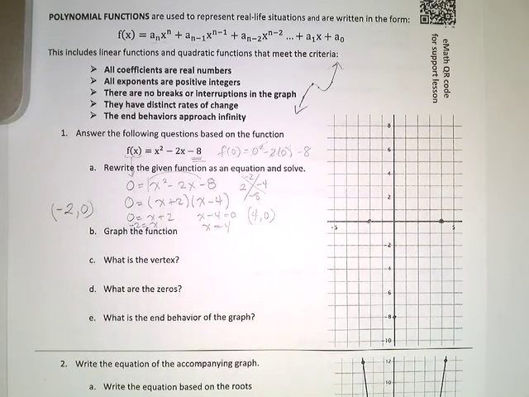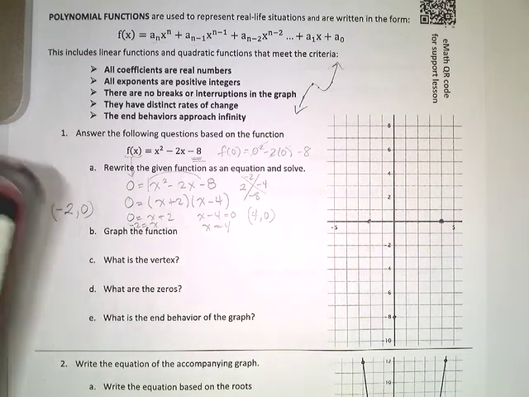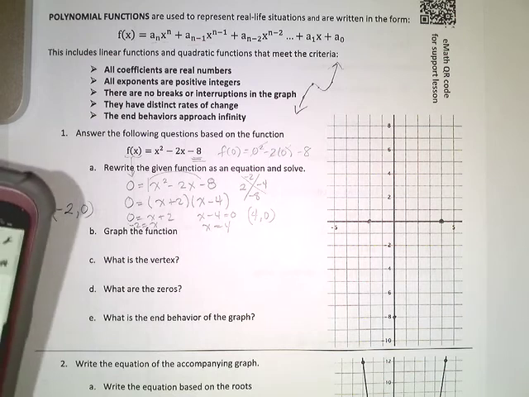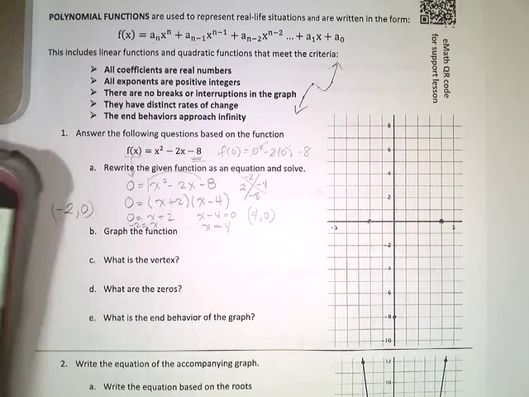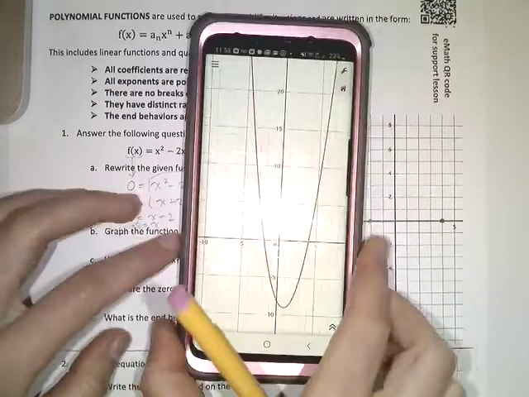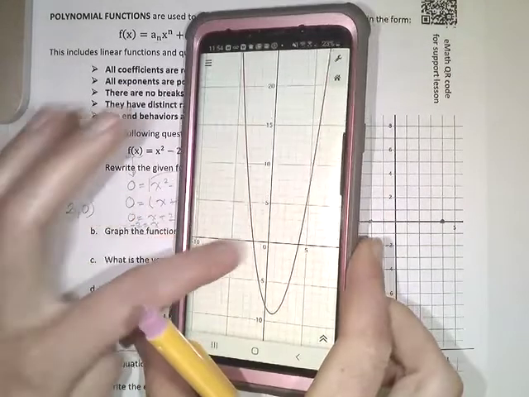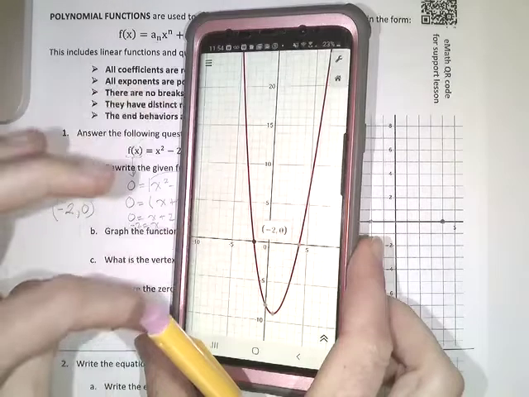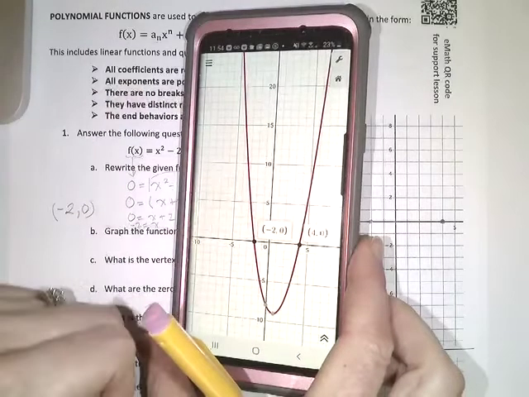Okay? And just to make sure on Desmos that we've got it all correct, let's add it in there. Y equals x squared minus 2x minus 8. Okay, and here's our graph. And we have -2 and 4.